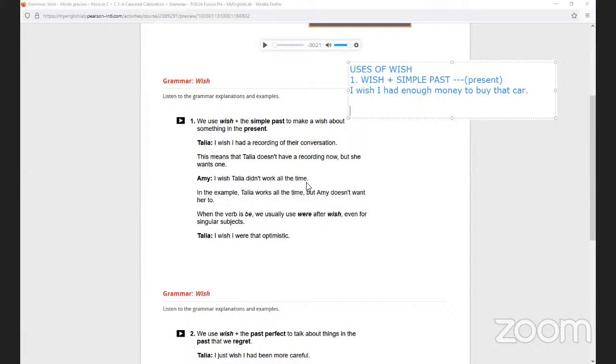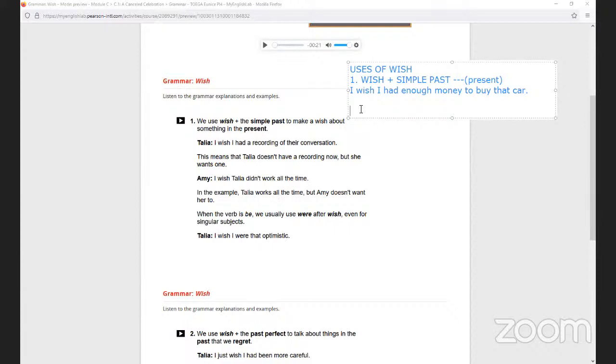So this is simple past since Talia didn't work all the time, but in a negative way. As we use didn't, always the verb is in base form. I wish Talia didn't work all the time. What does it mean? That Talia works all the time, okay?